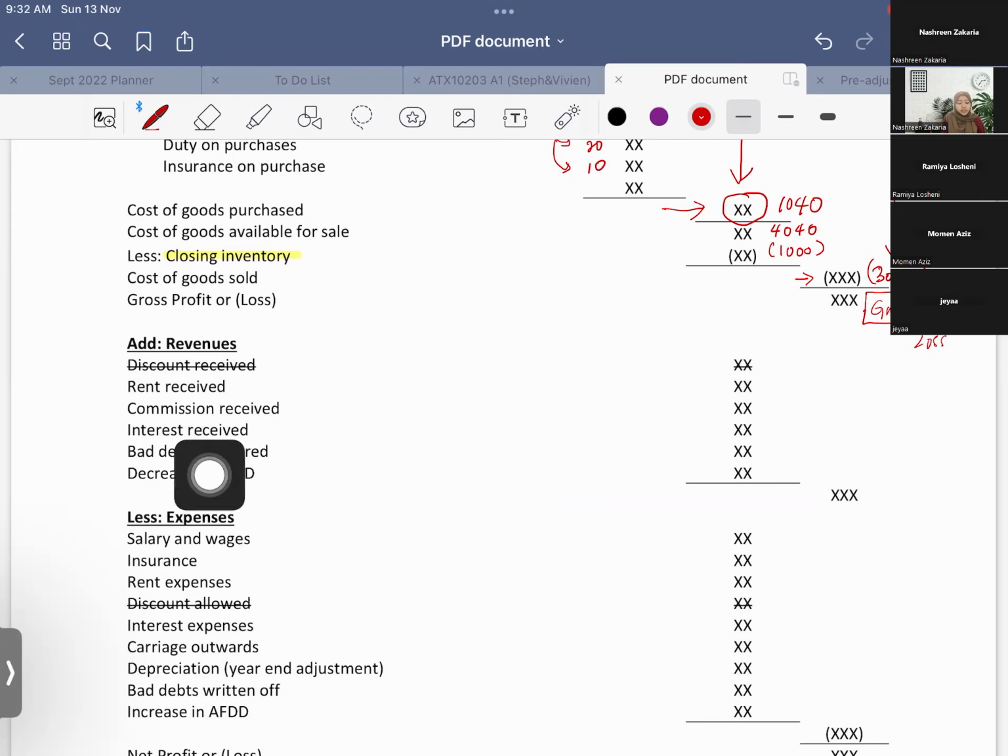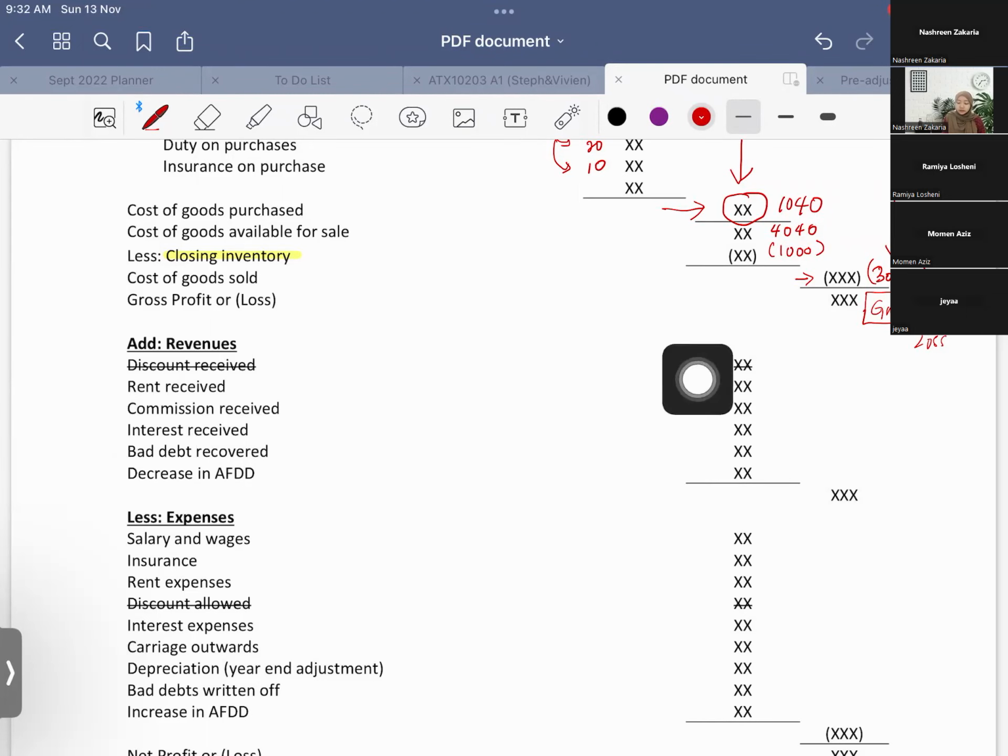So ini macam some of it je. Okay. Ada yang dalam soalan is revenue but not in the format. So you know that one is a revenue. So you put the item under revenue. Okay, meaning here, you kena tahulah which one is revenue, which one is expenses.